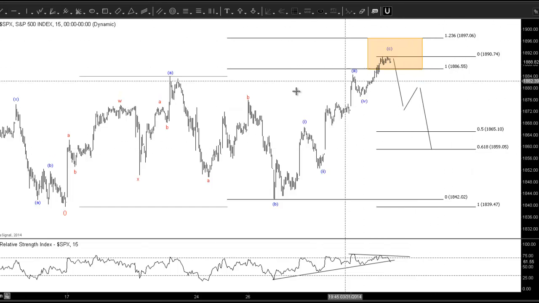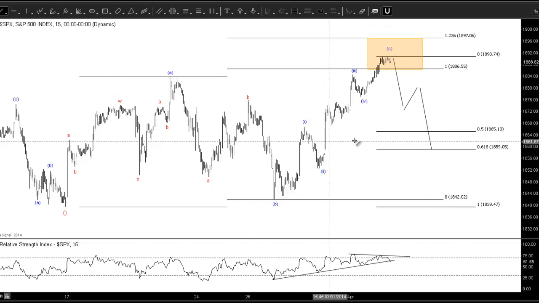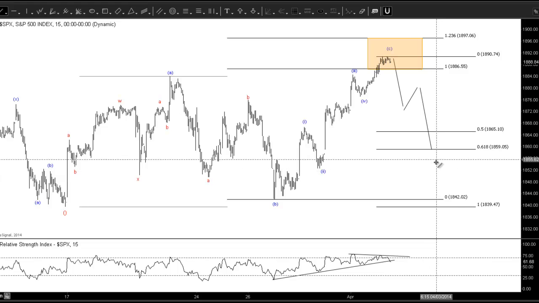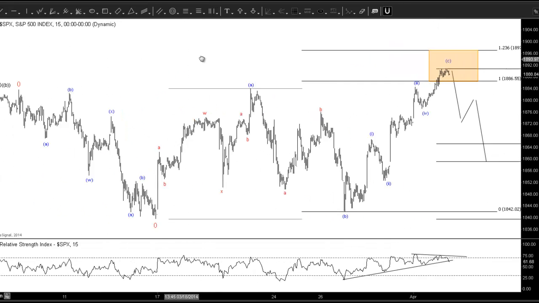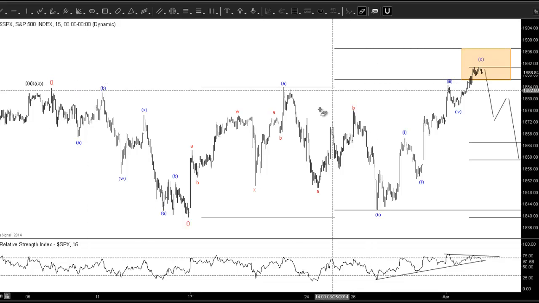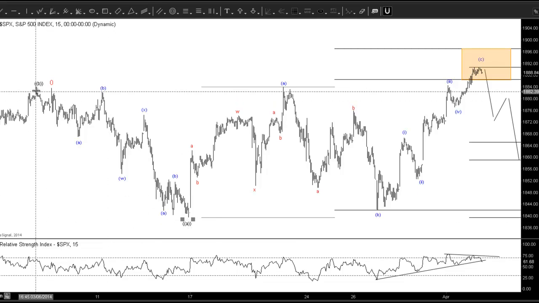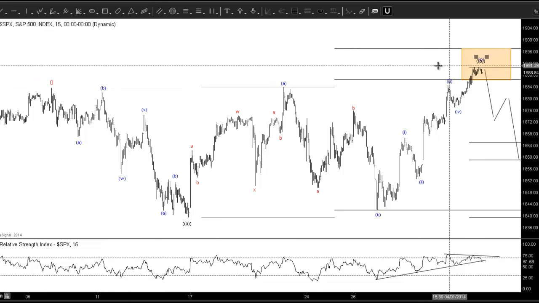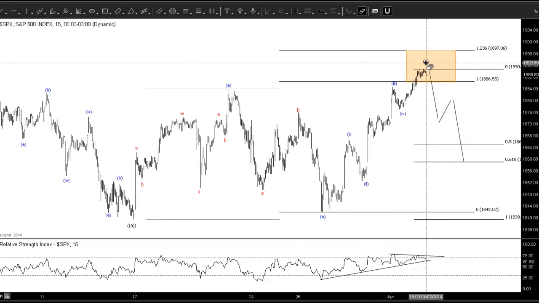If the drop to this area turns impulsive, or the third leg down looks quite strong and begins to look like a possible wave 3, then we can call it a flat from this peak, and this can become A, and this can become wave B instead of a simple A, B, C. So it can become wave B there.